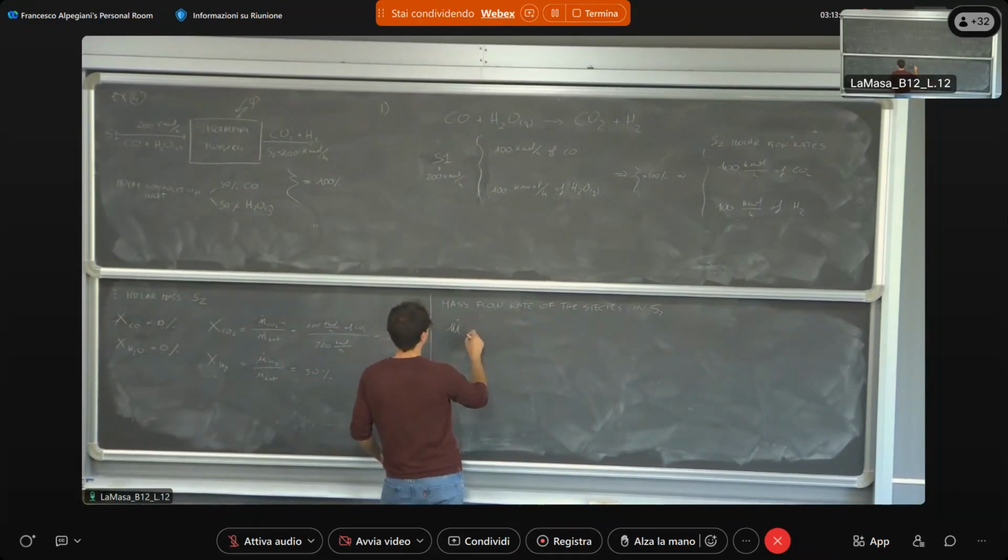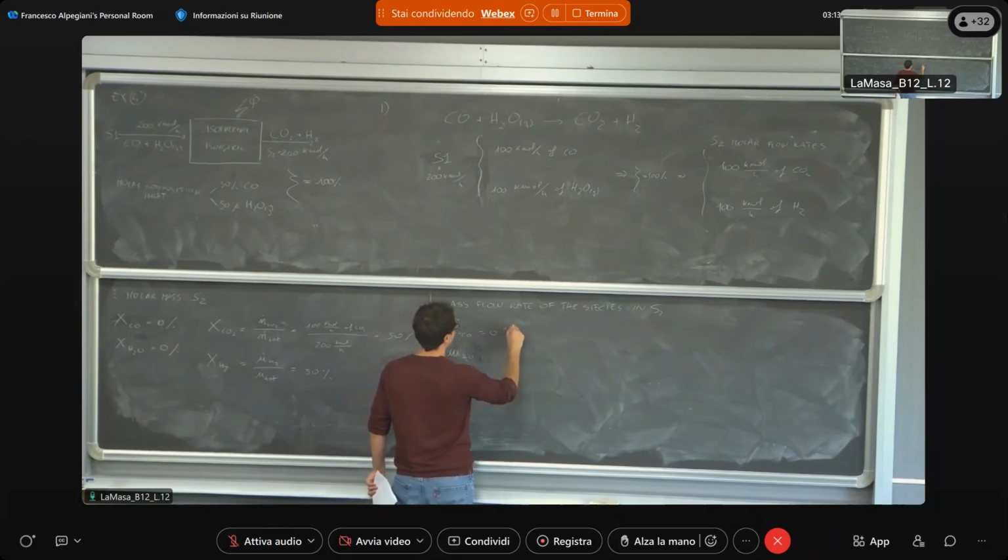So the mass flow rate of CO and of H2O will be equal to 0 kg/h, okay?